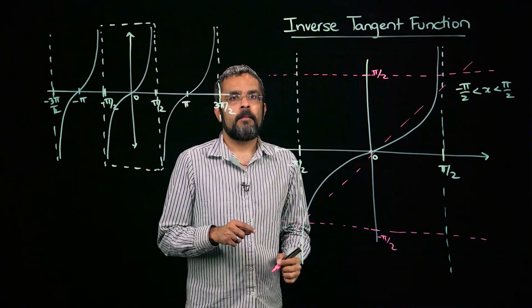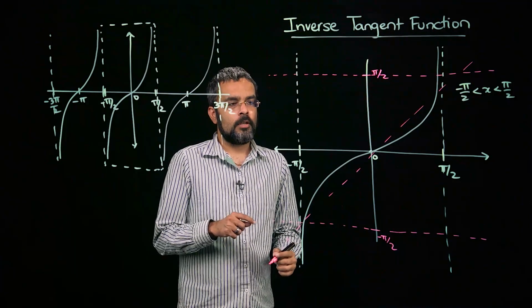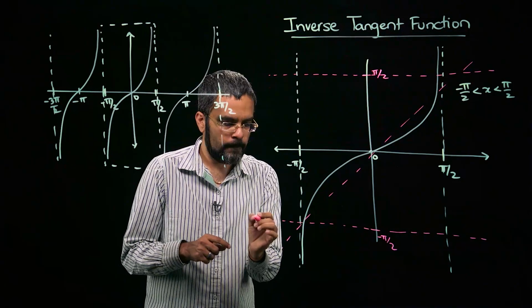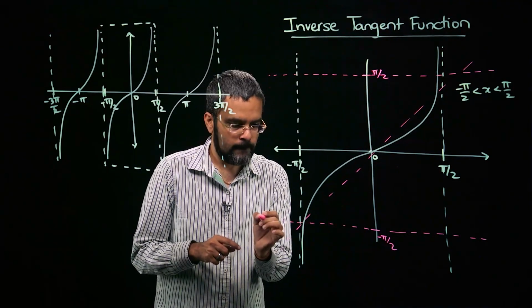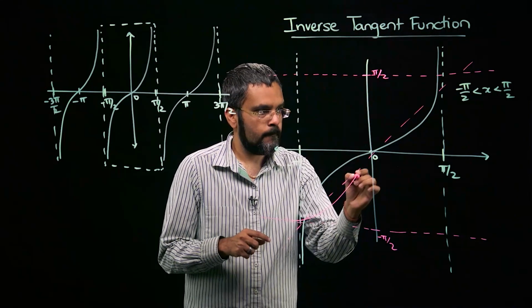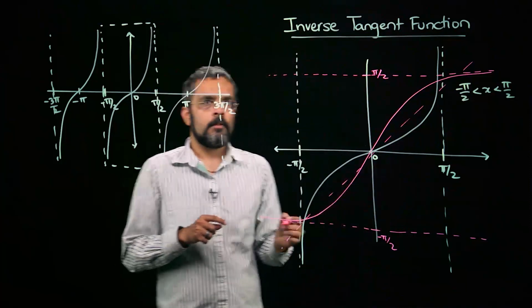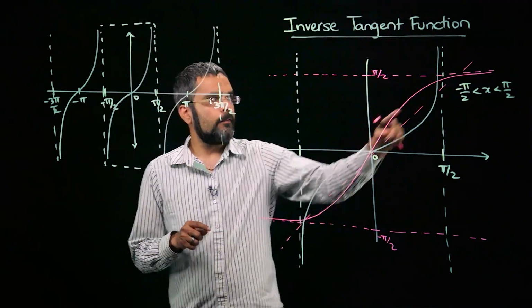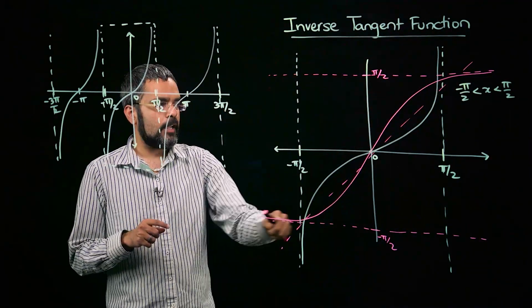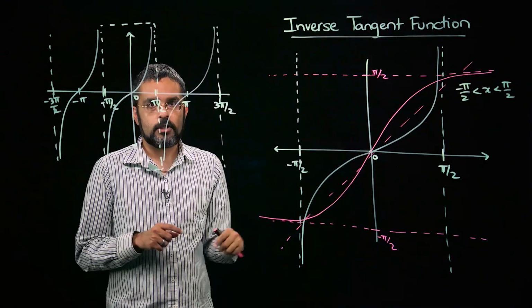Okay, and now my function is going to go this way. Okay, so this pink curve here, that is the graph of the inverse function of tangent, the inverse tangent function.